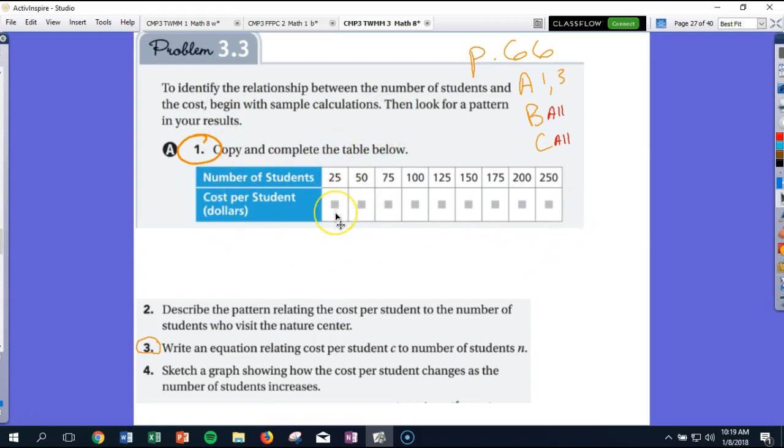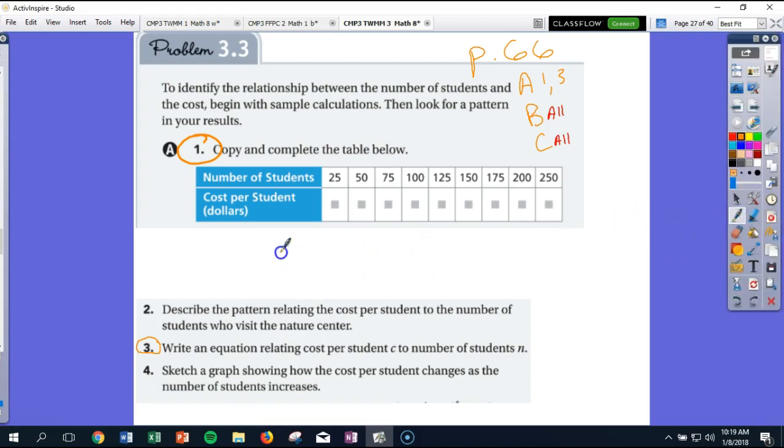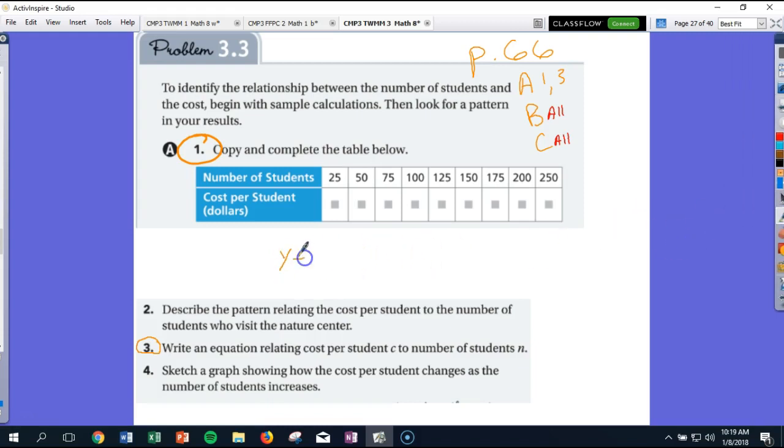Remember, we're still working with that y equals k divided by x. Well, if k is 750, all of these numbers are your x, and you're trying to find y. So if we have 25 students go, we are going to have an equation y equals 750 divided by 25.